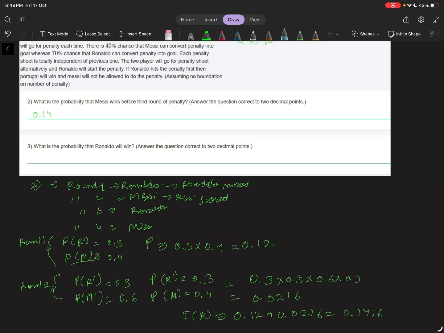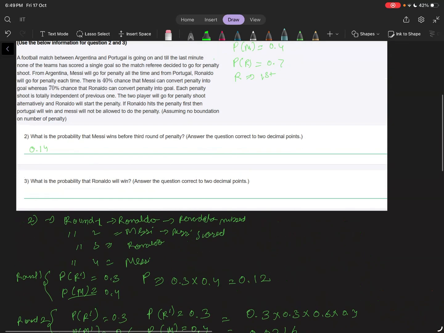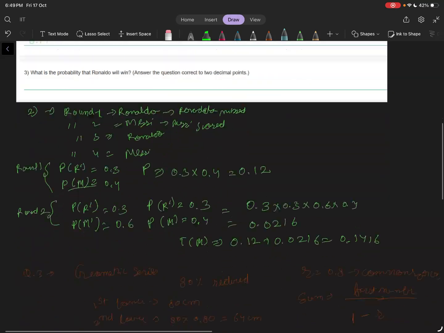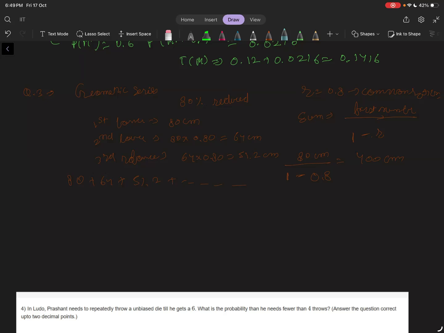Otherwise, Messi takes a shot. Whoever scores first wins, but Ronaldo has the first mover advantage. The answer here is not going to be 0.7, because a 70% chance of Ronaldo scoring a goal does not mean he will win the entire match. That is different. That has another component, and that component is Messi losing.